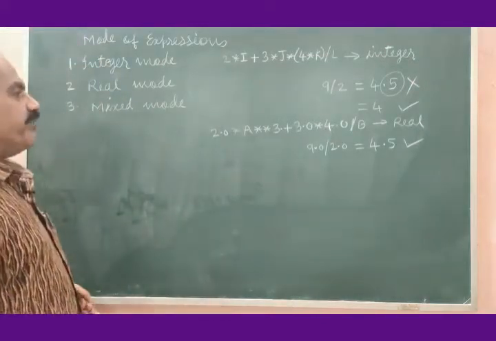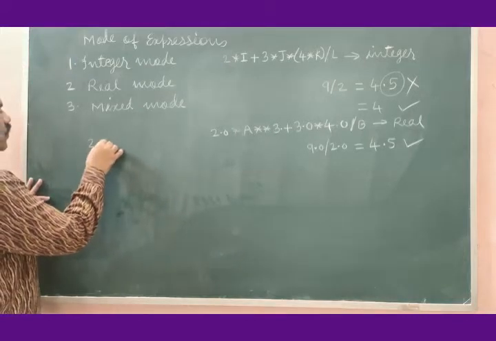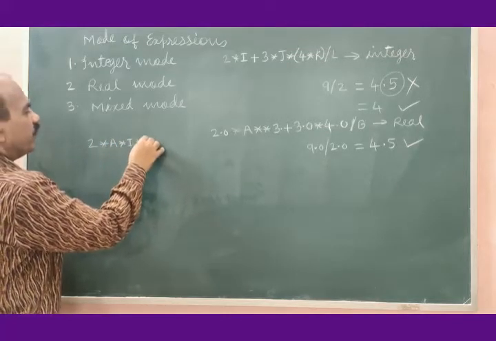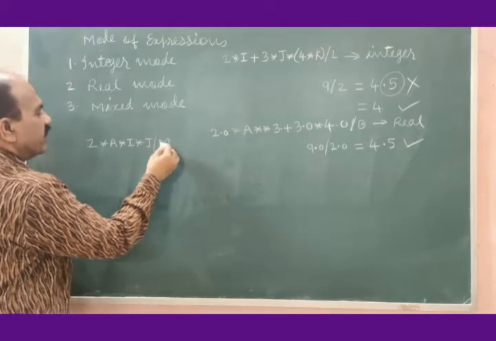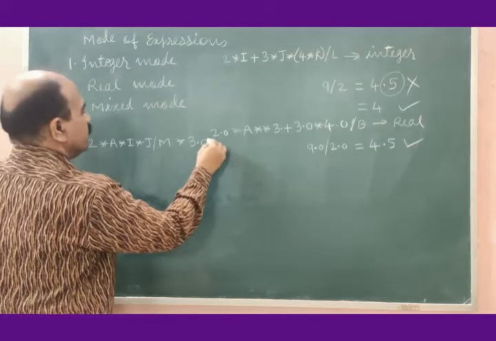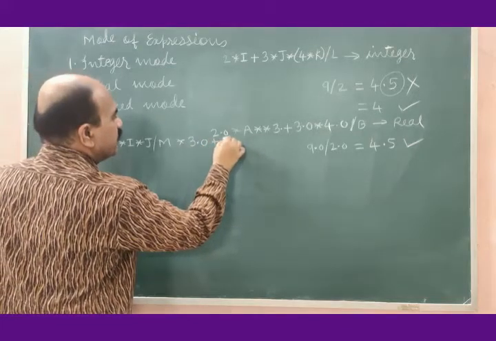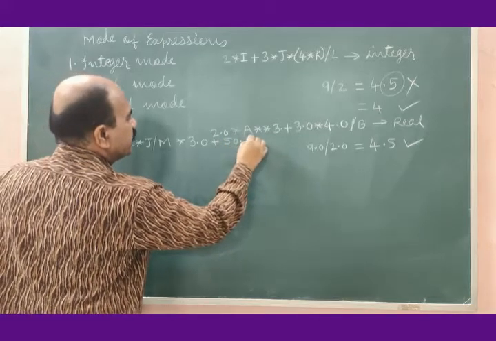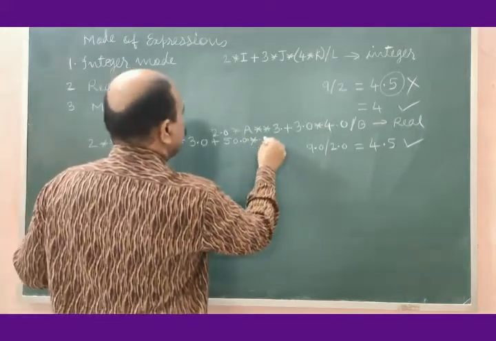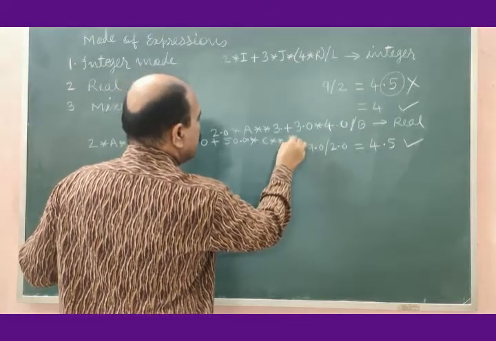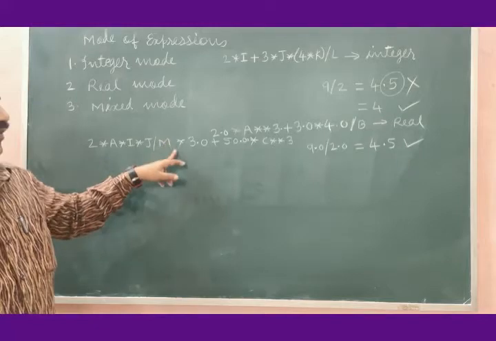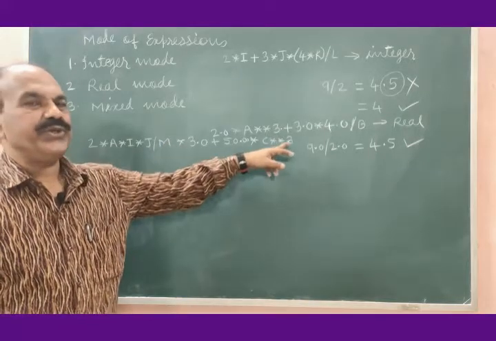And the third one, mixed mode. 2 into A into R into Z divided by M into 3.0 plus 50 into C cube.